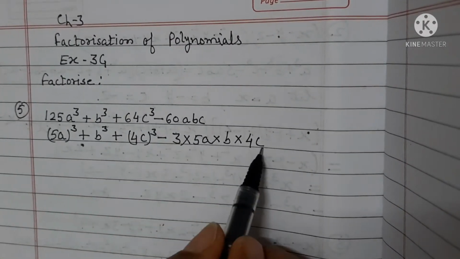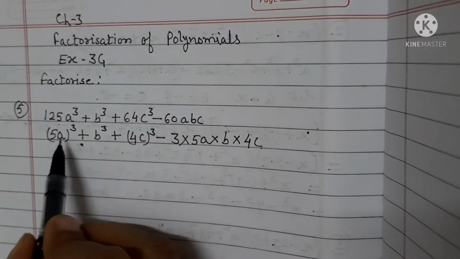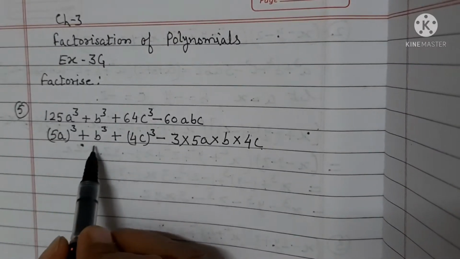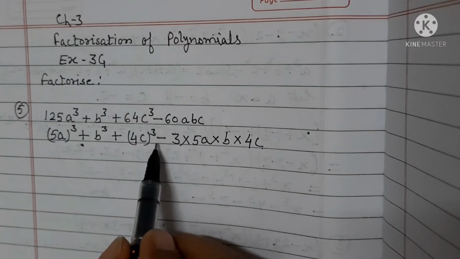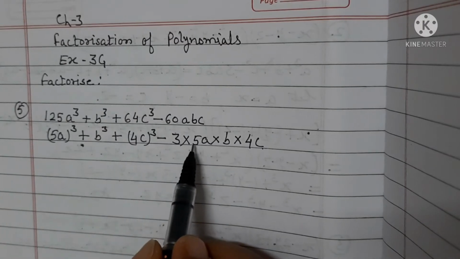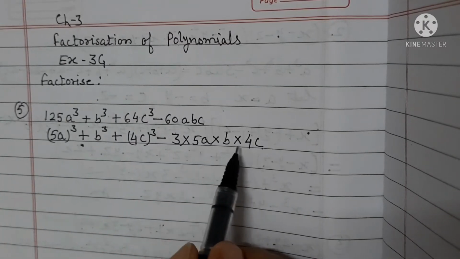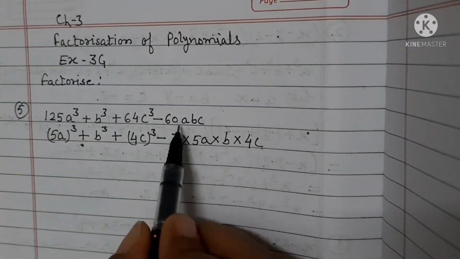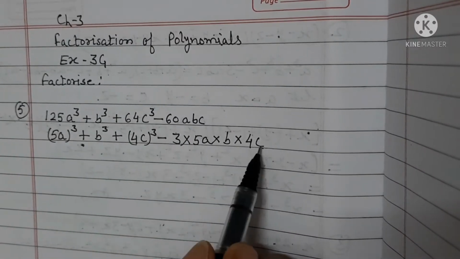Now compare this to the given expression. 125a cube plus b cube plus 64c cube minus 3 5s are 15, 4s are 60, abc. So both are the same.